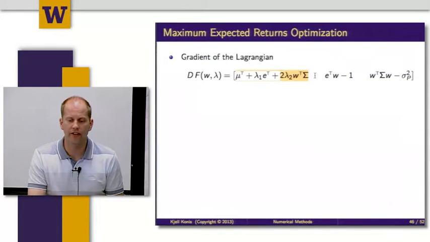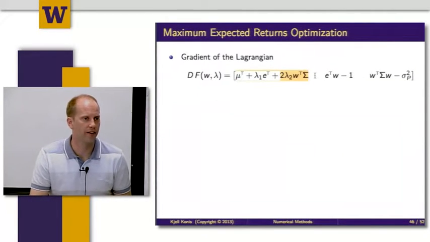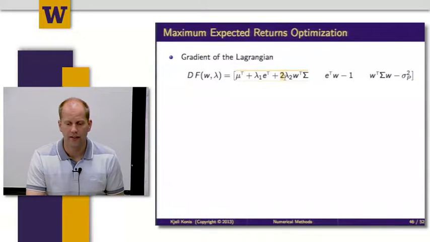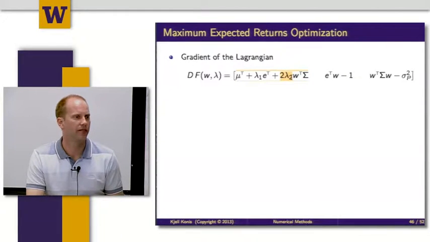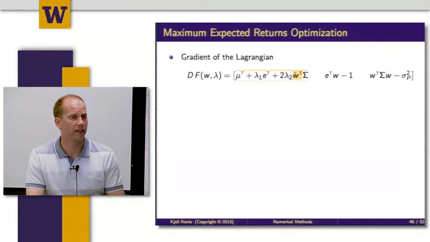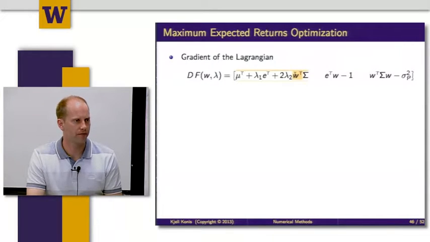And then I just need to make sure that the last thing here is also a row vector with n elements. So 2 lambda 2 is a scalar quantity, so I don't have to think about that. Then I have W transpose sigma. W is a column vector with n elements, so if I take its transpose, it's a row vector with n elements. So its dimensions are 1 by n.